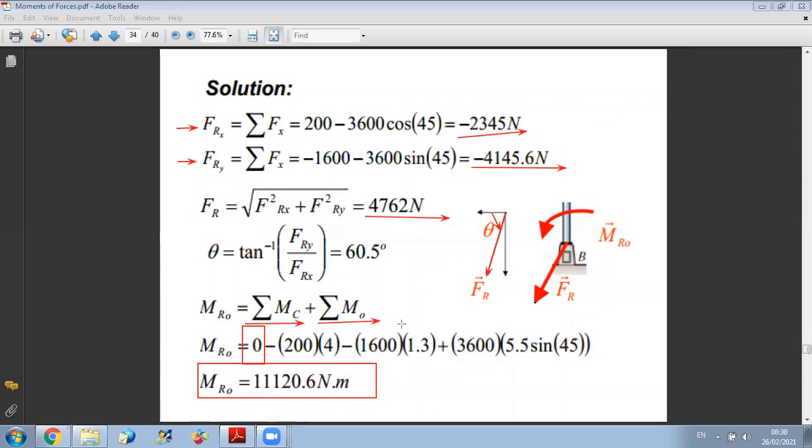This means that in total, the resulting moment is in the counterclockwise direction. So as you can see here, I reduced the system of my forces to one force, one couple at point B. Any question on this problem before we start something else?